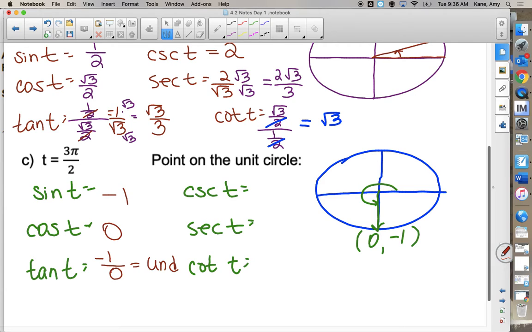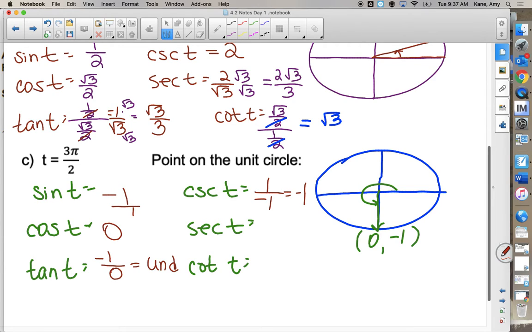Nick, the cosecant would be negative 1 over 1, so it's still negative 1. If I flip that, I end up with 1 over negative 1, which is negative 1.